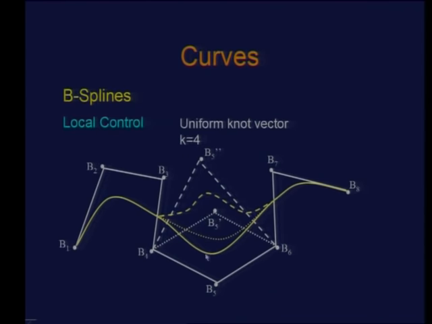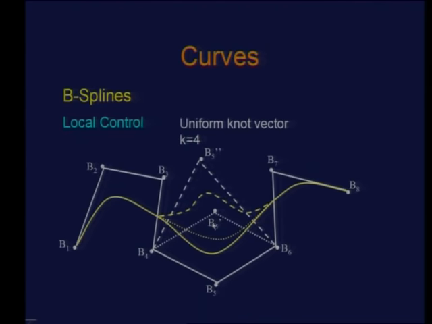Okay. So, now if I take the control point B 5 and change this position to B 5 prime, right, what I observe is that only a portion of the curve actually changes its shape. Right. So, there is a portion of the curve here which does not change, there is a portion of curve here which does not change, right.